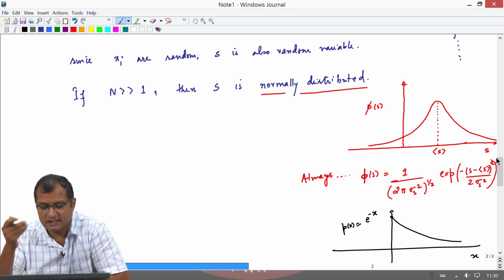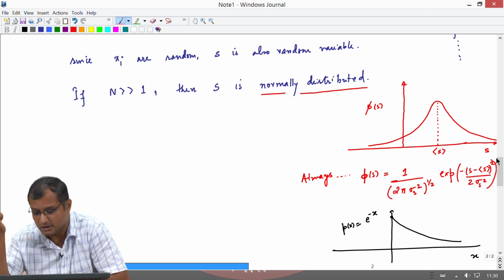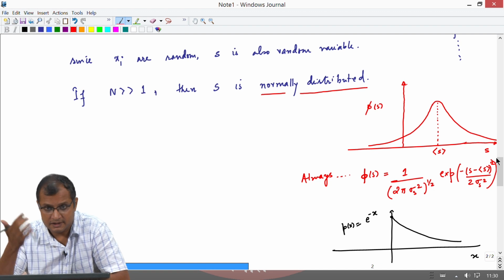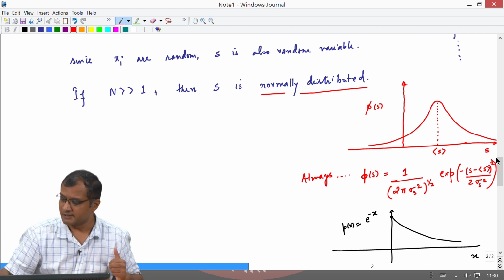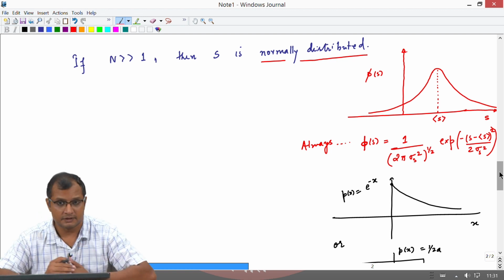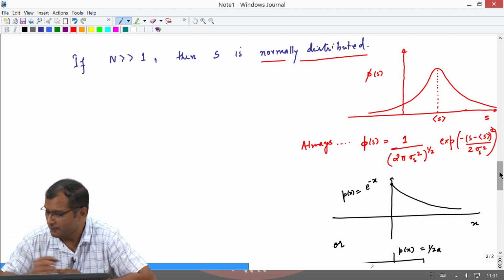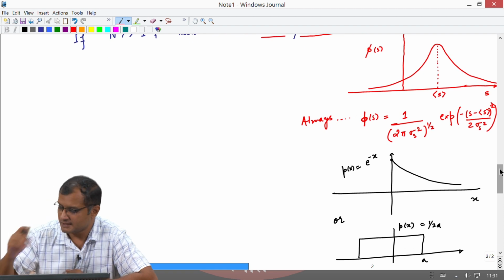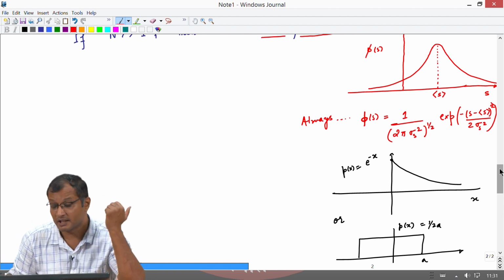By universal I mean it does not depend on the material property, whether it is iron or aluminum or nickel, as long as the temperatures are sufficiently low, their transport coefficients will be universally behaving with some scaling law. So in some sense the implications of central limit theorem are very deep.